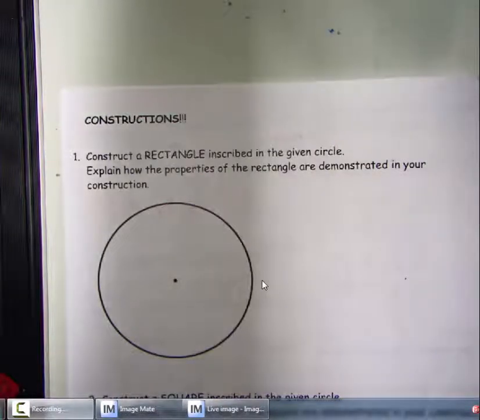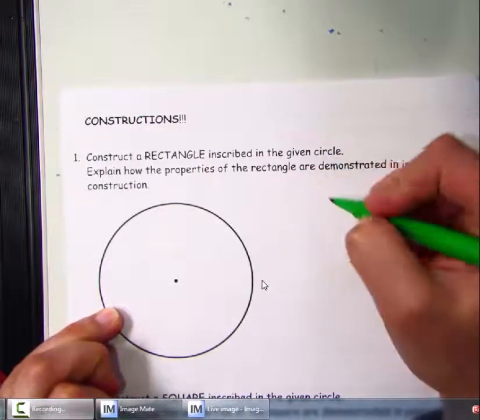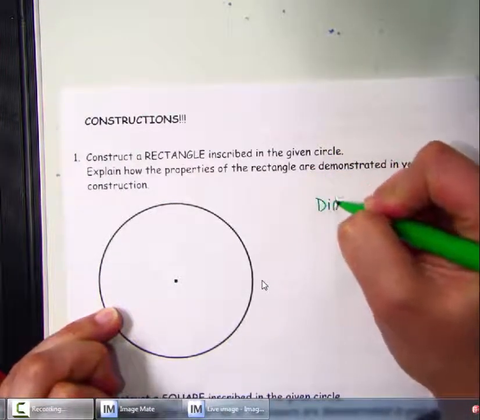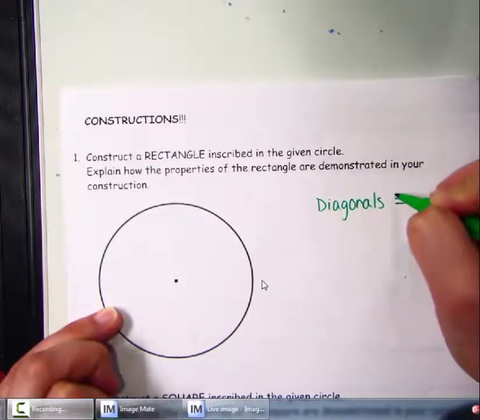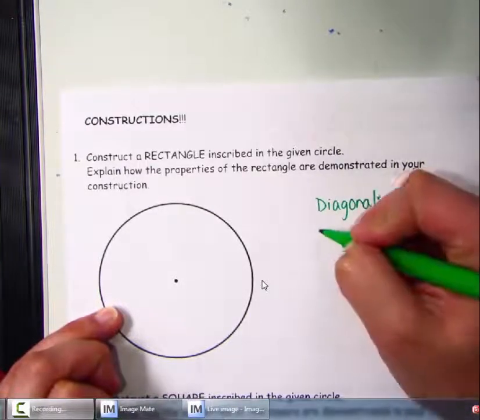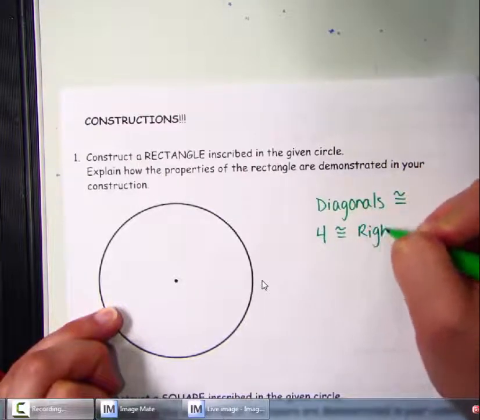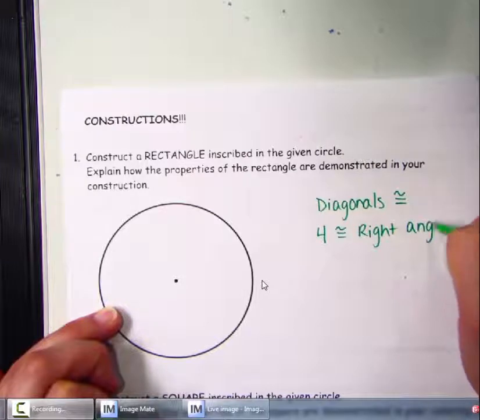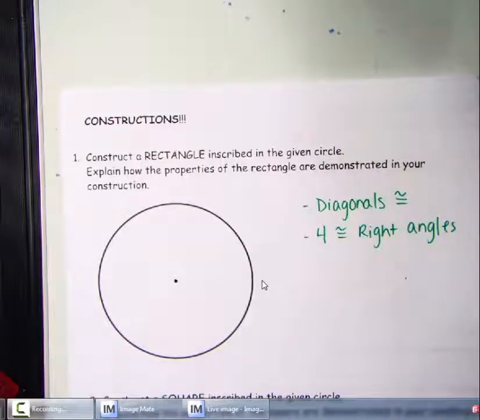The two properties that we're going to use about a rectangle are diagonals congruent, and four congruent right angles. If you know these two properties of a rectangle, then we can do this construction.